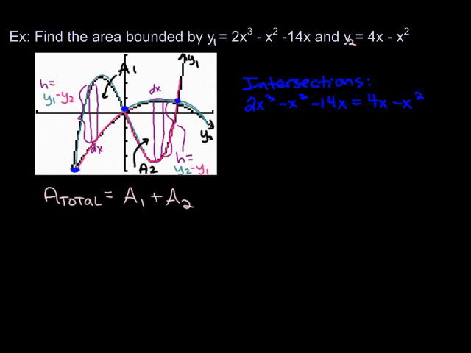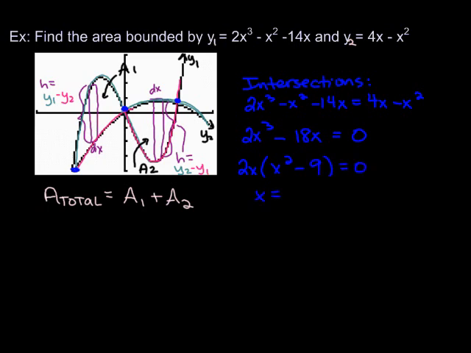I see I've got an x cubed and an x squared, so I'm going to get everything over on one side. We get 2x cubed minus 18x equal to 0. Now we can factor: 2x times x squared minus 9.